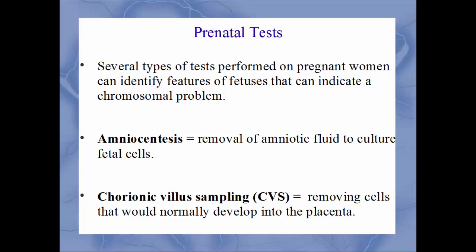The first one here, amniocentesis, is the removal of some amniotic fluid to help culture some of the fetal cells. Centesis means to withdraw fluid, and amnio, talk about amniotic fluid. That's where that term comes from. And the last one, CVS, chorionic villus sampling. You are removing cells of the chorion, the structure that would eventually develop into the placenta, to check for any abnormalities.